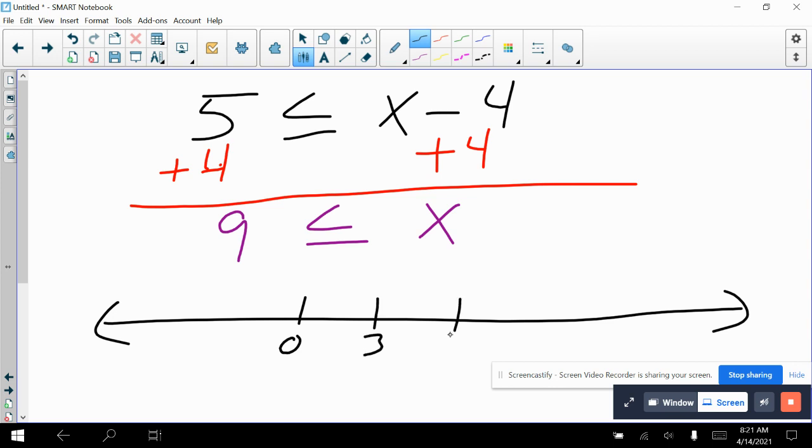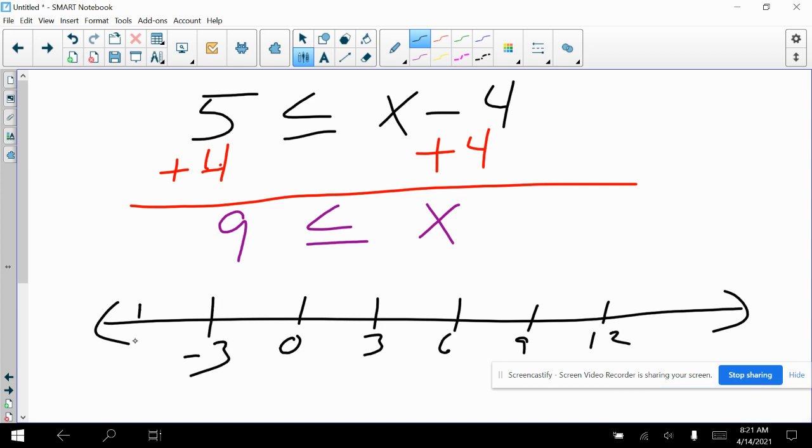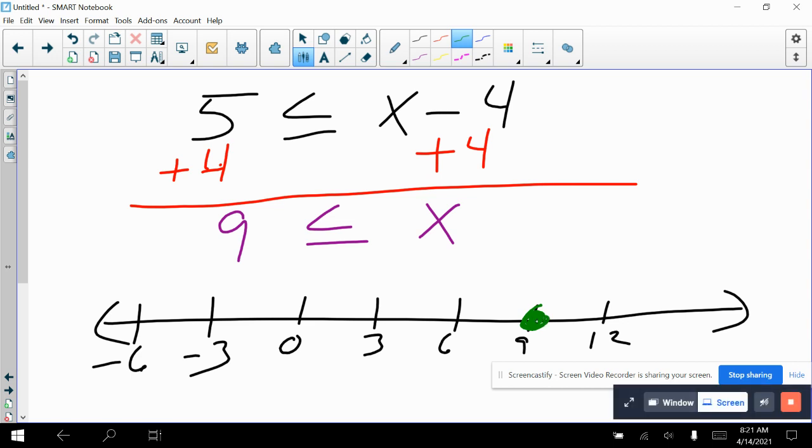Again, if it's an odd number, sometimes I go by 3s, sometimes 5s, sometimes 4. It all depends. Open dot, closed dot. Closed dot on 9. Going to the... Ooh, I heard right and left.